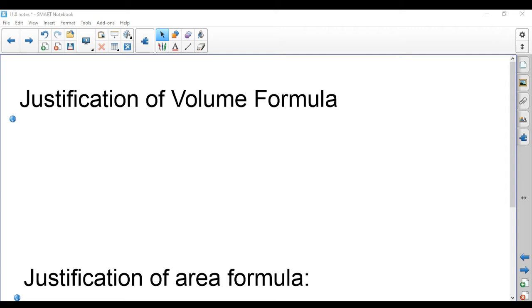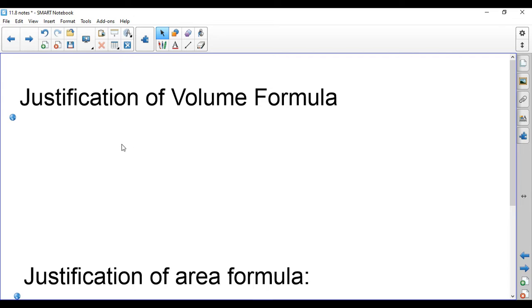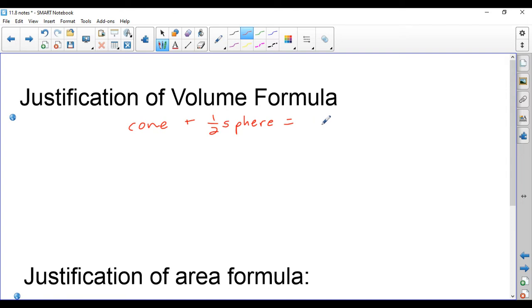The cylinder has a height that's equal to the radius of the hemisphere, and the cylinder has a radius that is the same as the radius of the hemisphere and the radius of the cone. So if we put this together, we have that the cone plus the hemisphere, so plus half of the sphere, adds up to a cylinder.